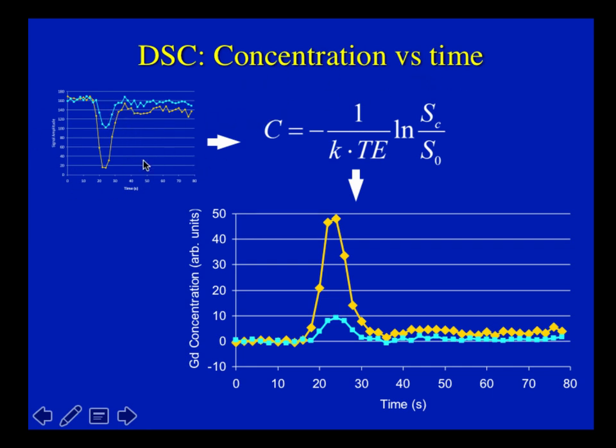Here's the signal intensity time curve that we saw in the beginning. Using this equation, we can convert that into concentration versus time curves. And here we see that the blood has a higher concentration of gadolinium compared to the concentration of gadolinium in tissue.